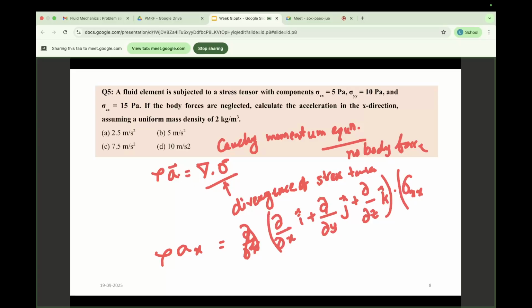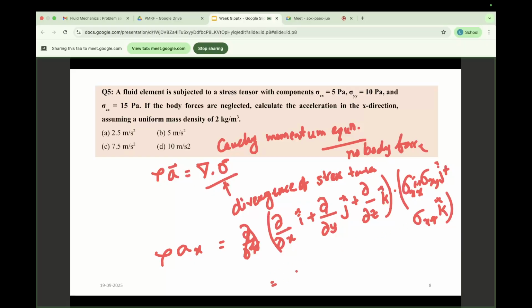As it's x, it should be only the x component, so i cap plus j cap plus k cap.